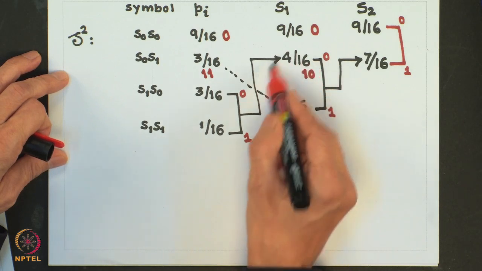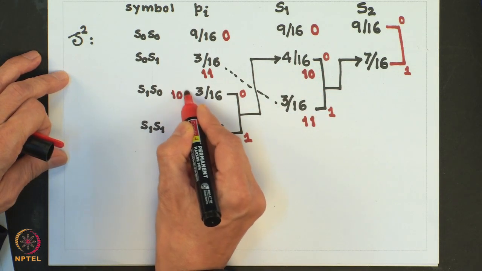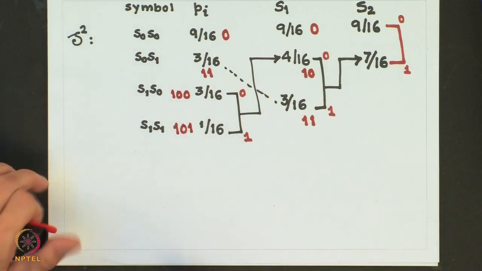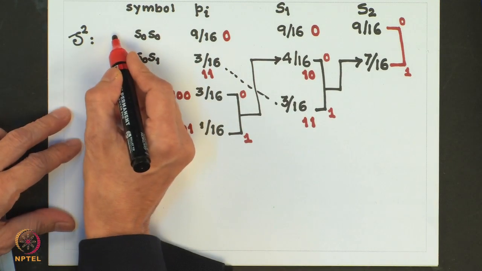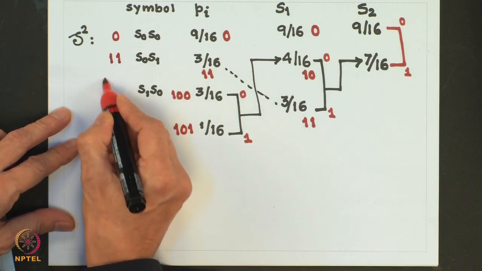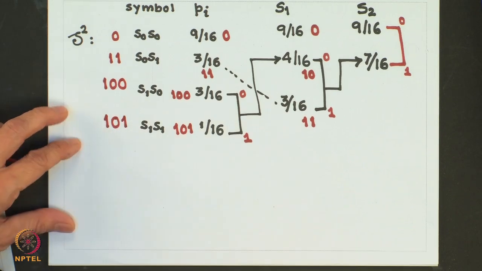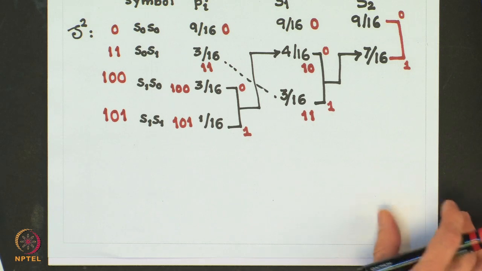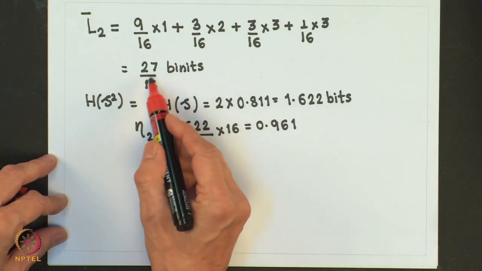Then this basically 1 0. So, I will add 0 to this and 1 to this. So, I get the code words for this as 0, 1 1, 1 0 0 and 1 0 1, correct.